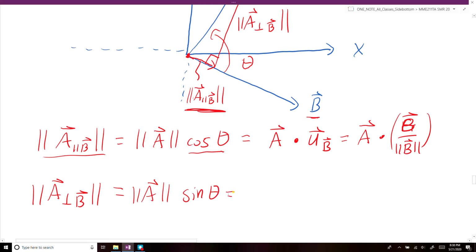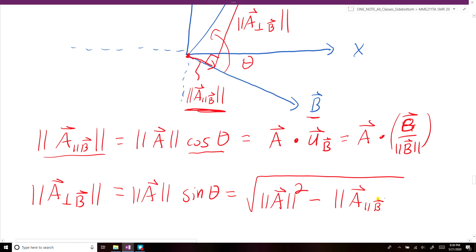If you don't know the angle theta, you can solve for it using the square root of the magnitude of vector A squared minus the magnitude of the parallel component of vector A with vector B squared.